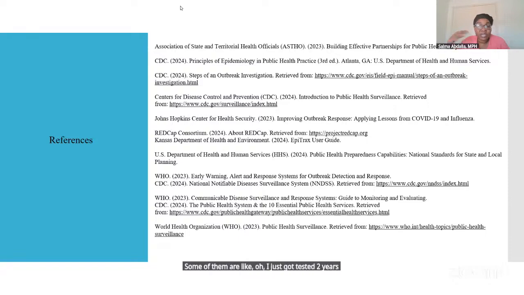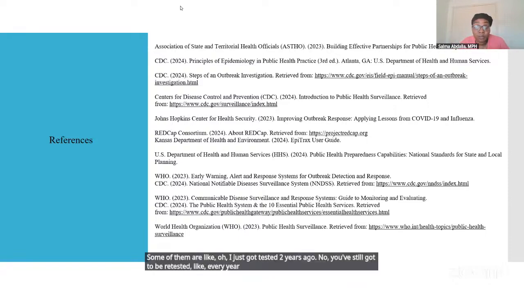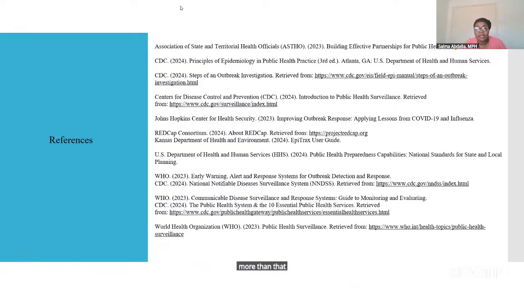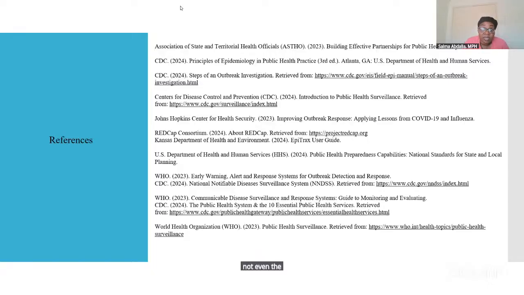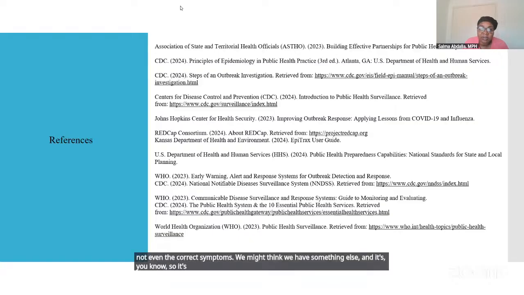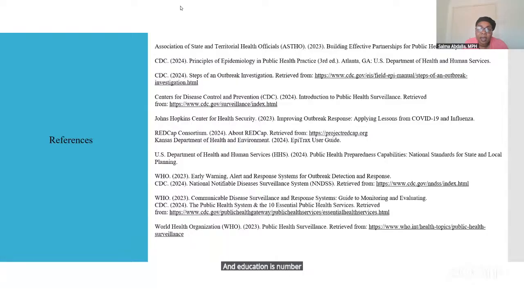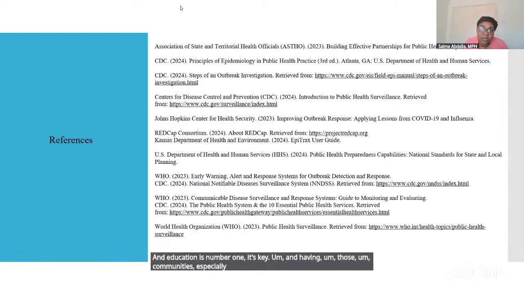No, you still have to be retested every year, and sometimes even more than that, because we can miss the signs, we can miss the symptoms. Sometimes it might not even be the correct symptoms. We might think we have something else, so it's best to just get tested, and education is number one, is key. And those communities, especially individuals with low income, it's affecting them the most.